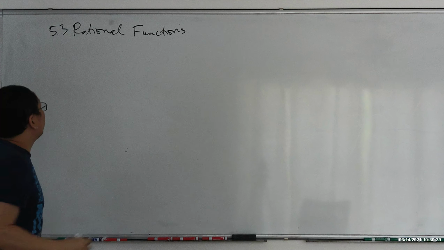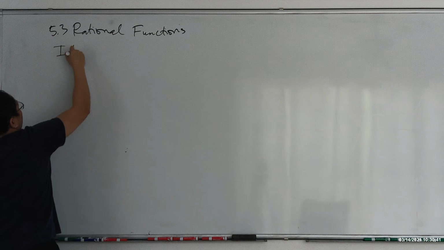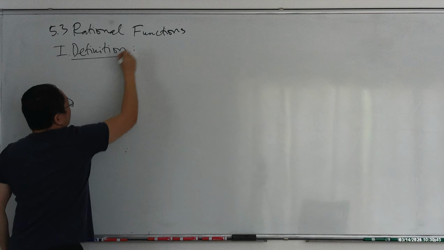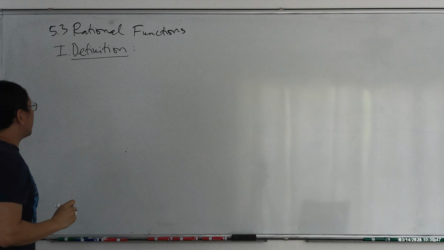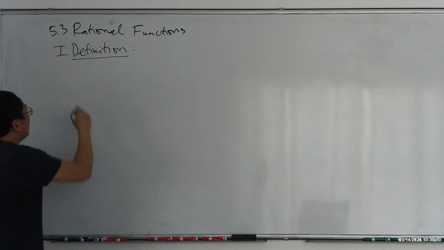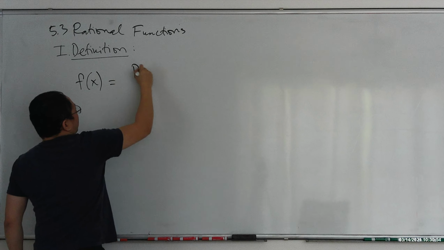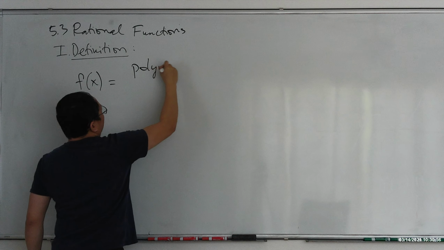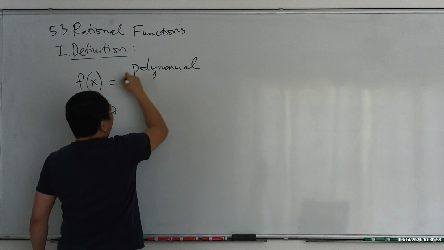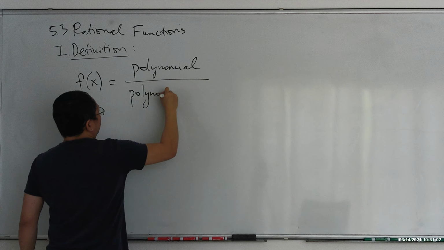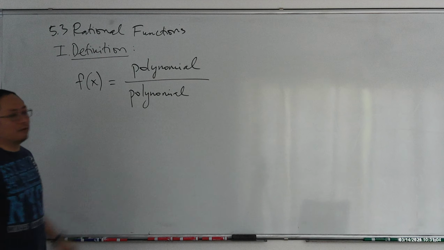Okay. So first of all, I'll give you a definition. What is a rational function? A rational function is a function defined this way. You have a function that's constructed by having a polynomial divided by another polynomial, and we're going to call that a rational function.